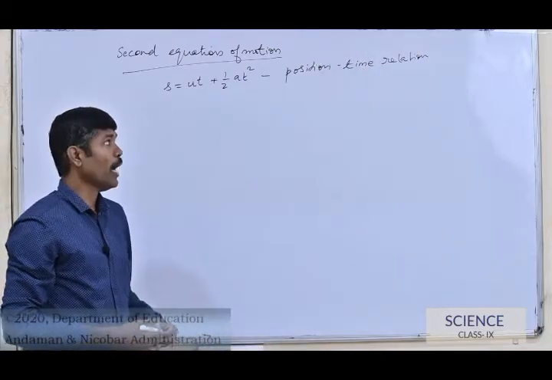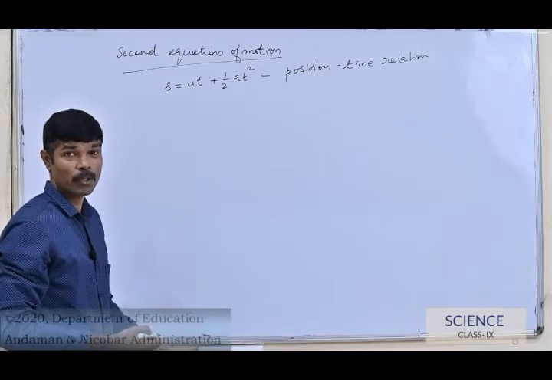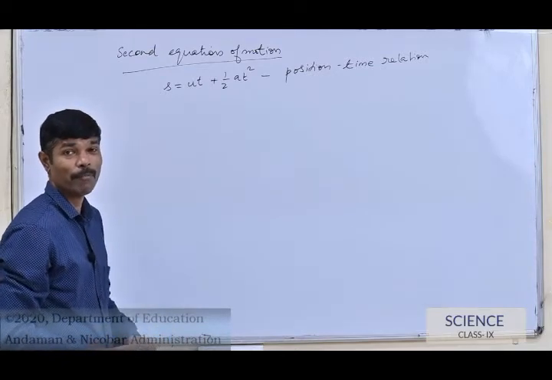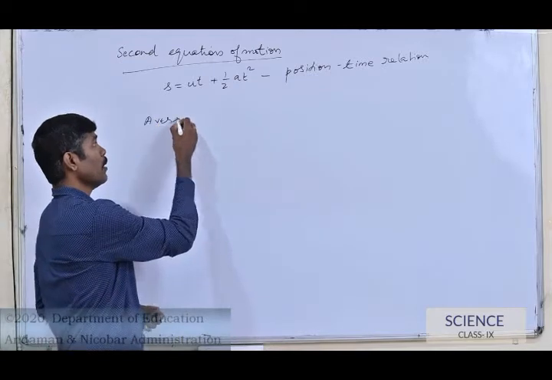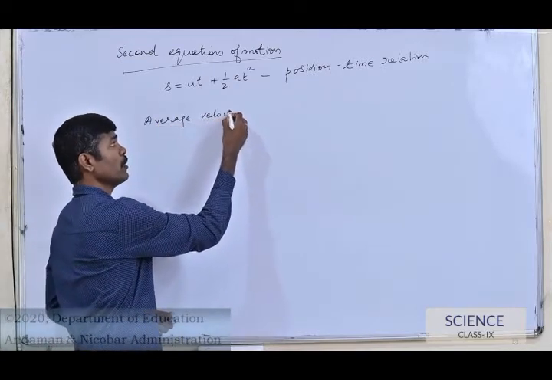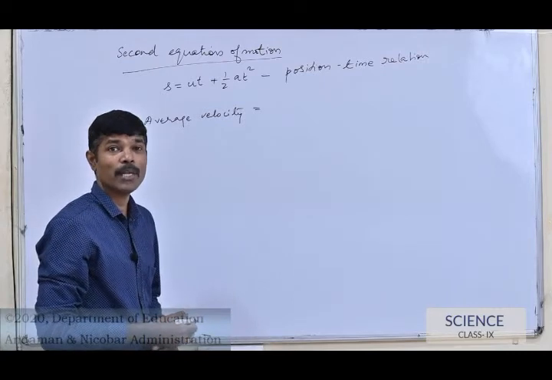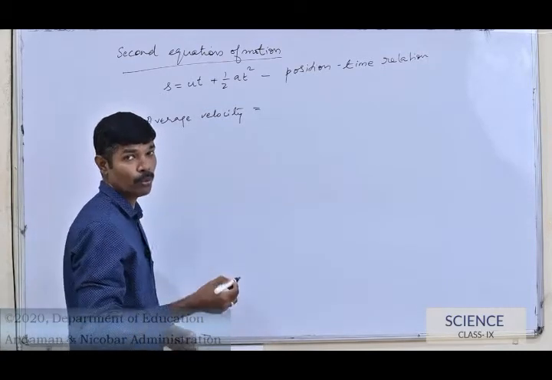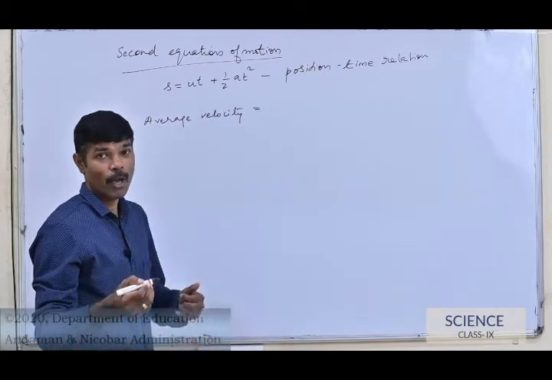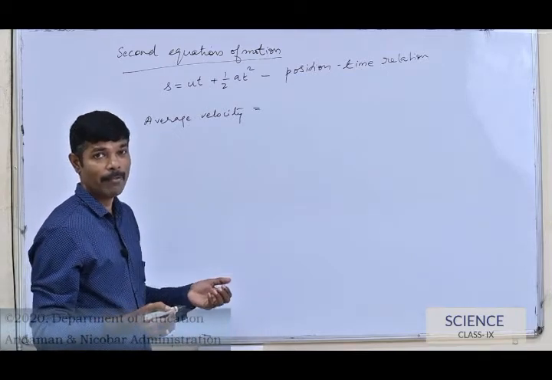As we know, the displacement can be found out by using average velocity, which is equal to the initial velocity plus final velocity by 2. This is the formula which we have been using for calculating average velocity.